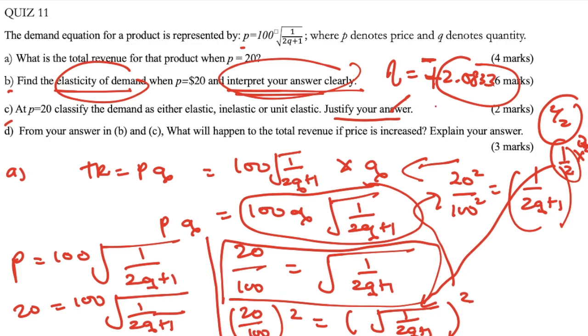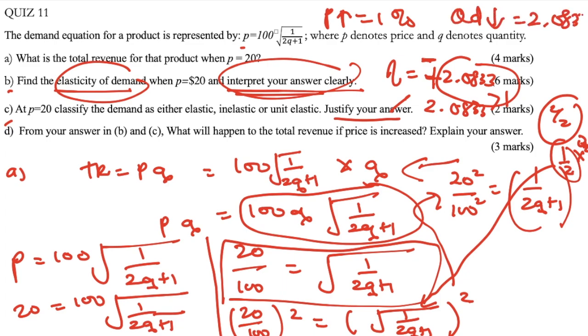The value here is actually greater than 1. If it is greater than 1, that means the change in quantity is even more than the change in price in terms of percentage, isn't it? You can see clearly from the interpretation: if price increases by 1%, quantity demanded decreases by 2.0833%.